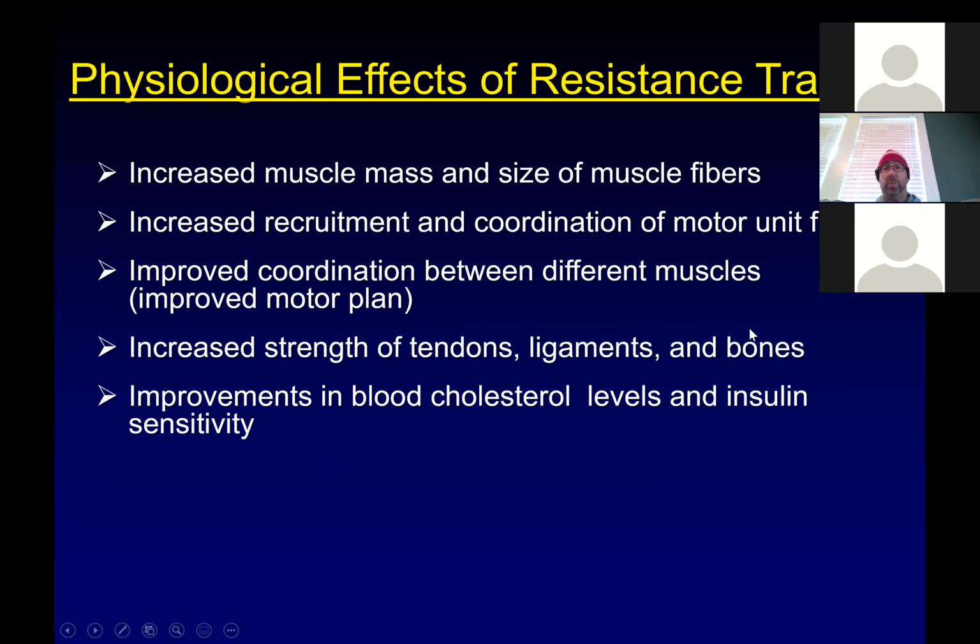Your bones are going to deposit more calcium in them, and your bones are going to become larger and stronger as well. And these are things that can prevent us from having injuries to those tendons and ligaments, and keeping bones strong and healthy is going to be one of the ways that we can limit fractures when you get old and you fall down.